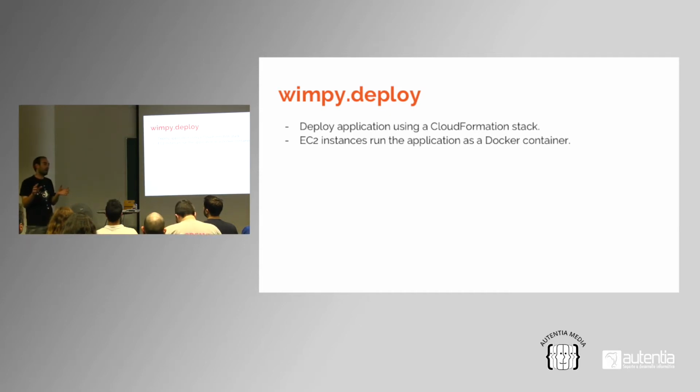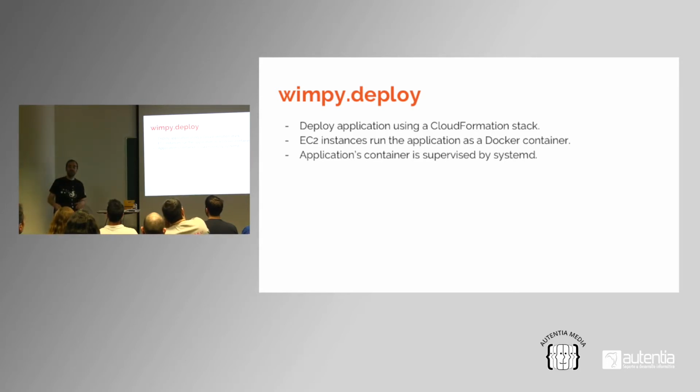So it's a direct map, one host, one container. No Kubernetes magic here, no Docker Swarm, the dumbest orchestration you can think of. The Docker running with your application inside is being supervised by systemd. So if anything happens, systemd will restart the application. You don't have to worry about that.